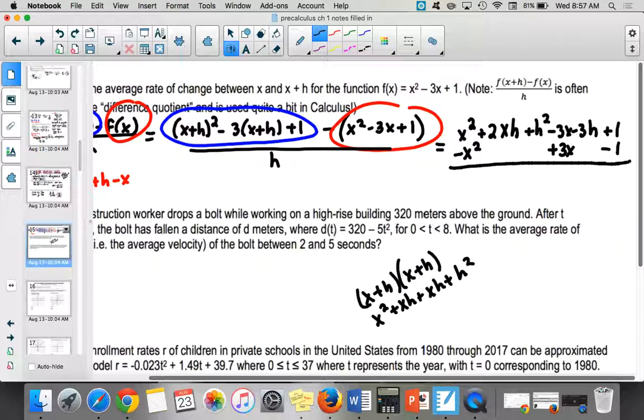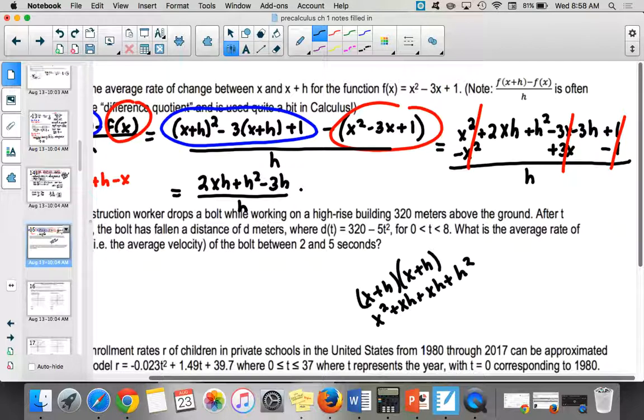And I'm going to put all over h. Do you guys see what I did there? Okay. So that shows us that the x squareds, the 3x's, and the 1's go away. So we have 2xh plus h squared minus 3h, all divided by h.